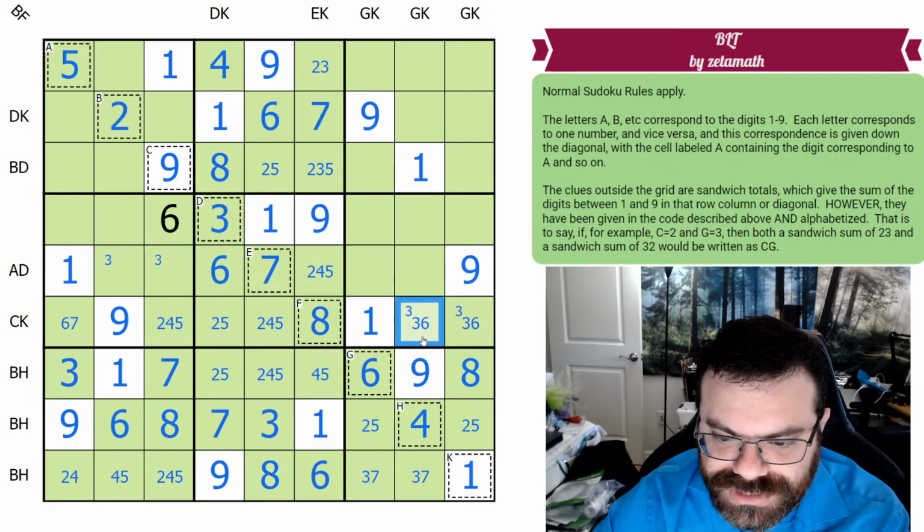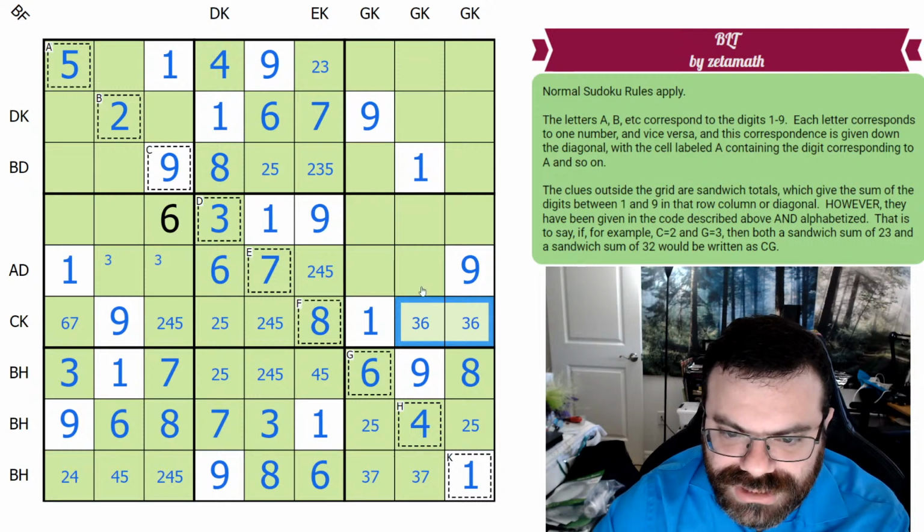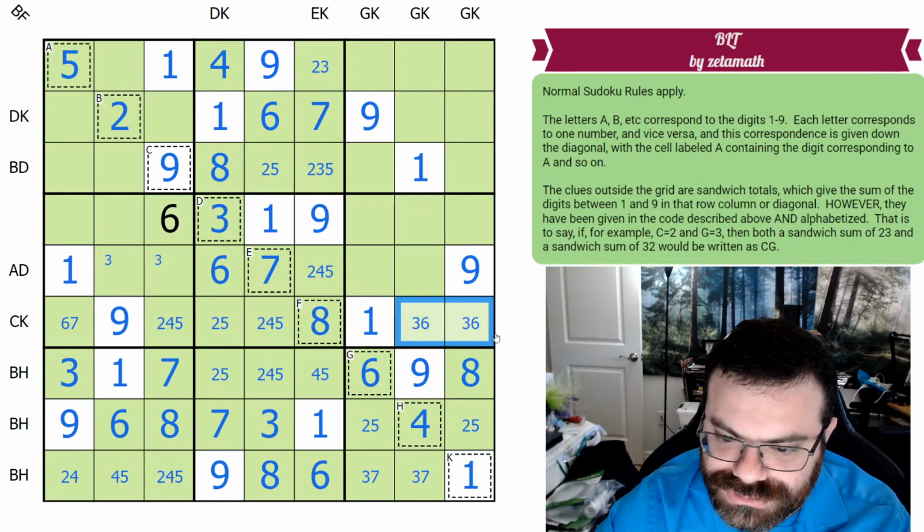This is a 3, 6 pair hidden for the box. Pretty sure. Wait, why did I... Yeah, because these 3s look over. Forcing 3 there, and then this 6, and this 6 look over. So this is a 7.